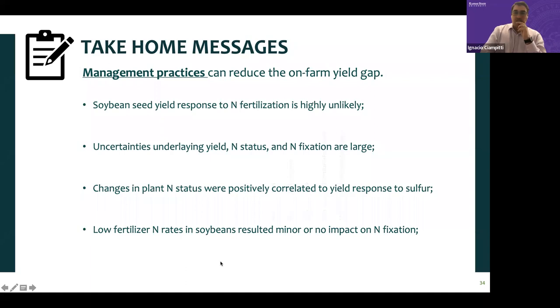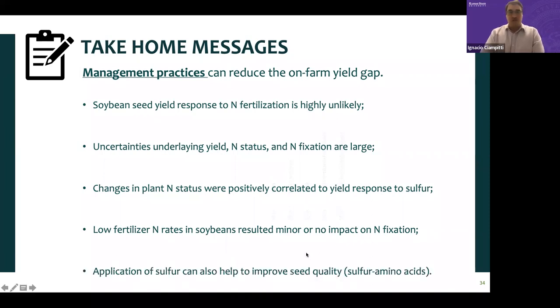And again, as I mentioned in the past, we were also able to look at this in the study: when we applied very small amounts of nitrogen early season, we haven't seen much of an effect on fixation, which is important to understand, that very small amounts don't really do much in terms of changing that contribution from fixation.